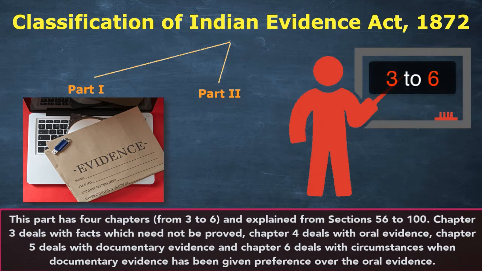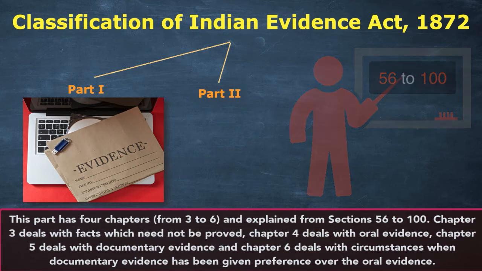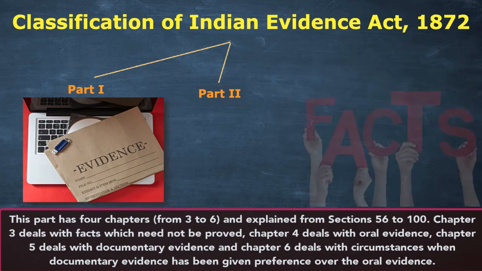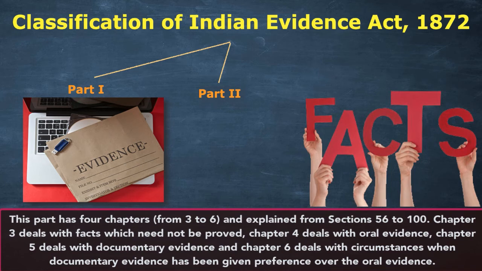Part 2 has 4 chapters, from chapter 3 to 6, as the first 2 chapters are covered by part 1, and we know that there are 11 chapters in total. It covers sections 56 to 100. Chapter 3 deals with facts which need not be proved.